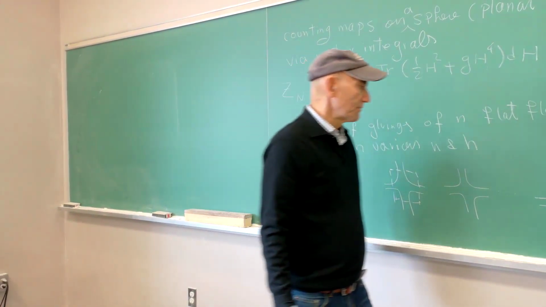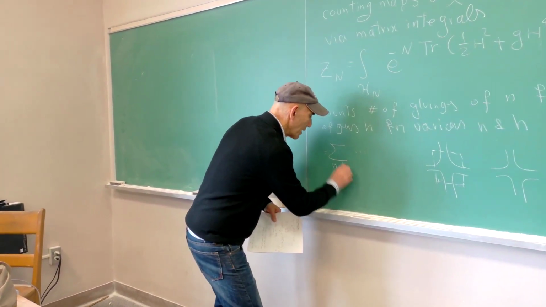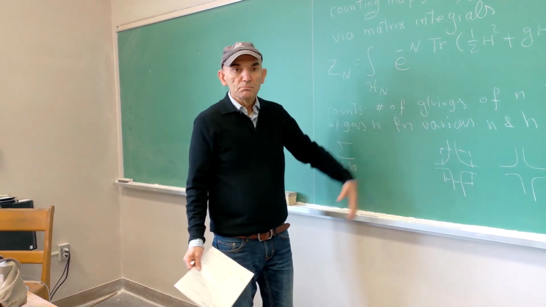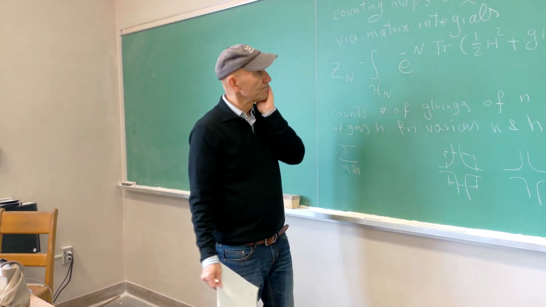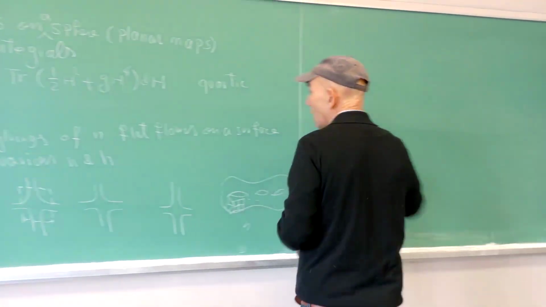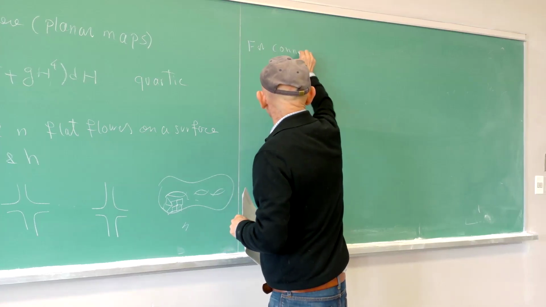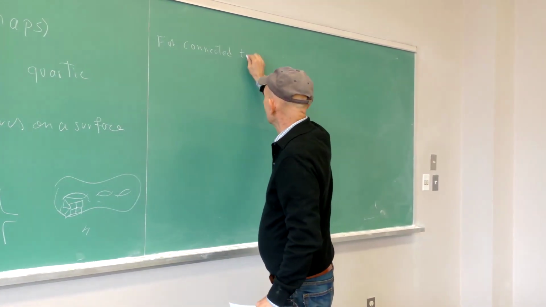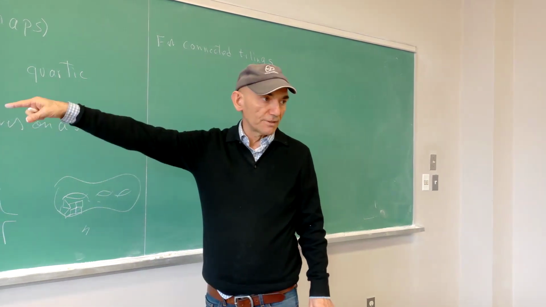So what we do, we just fix N and H, and then we have some terms here. So that's what these Feynman diagrams for such matrix integrals told us in general: counting connected maps, tilings. So we just take log of this term.